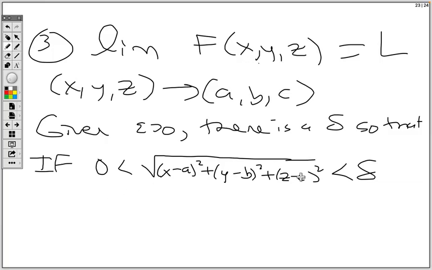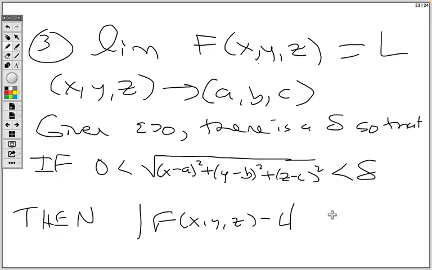So if the inputs are within delta units of ABC, then I look at the outputs. Once again, the outputs of a function of 3 variables are still real numbers. Those real numbers have to be within epsilon of the target limit real number, so this has to be less than epsilon.